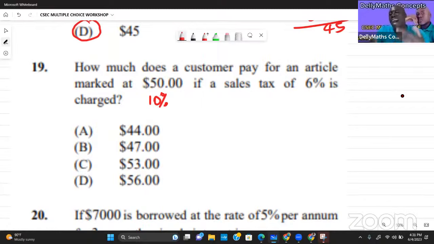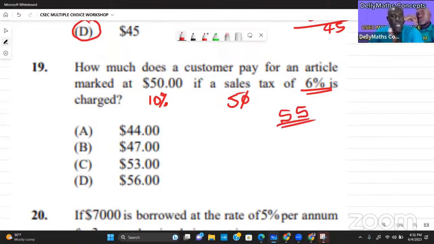So you kind of have ideas. For example, $50. There's going to be a 10% tax. I know they're talking 6, but I'm leading you down a path. 10% would have meant that $5 would be added, because 10% of 50 is $5, which means that the amount I'm going to think of now cannot be bigger than 55.